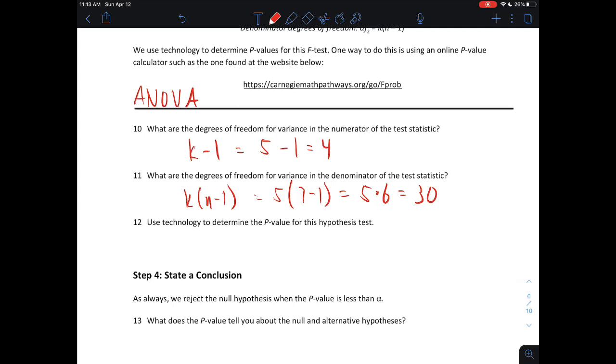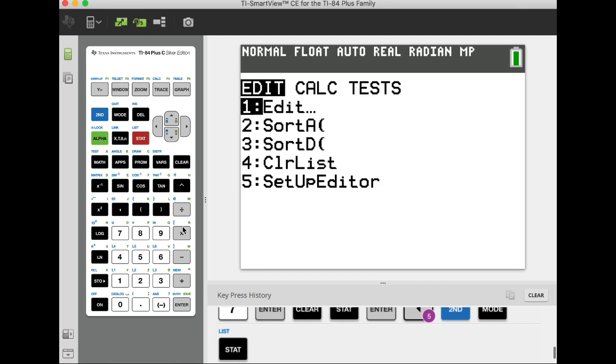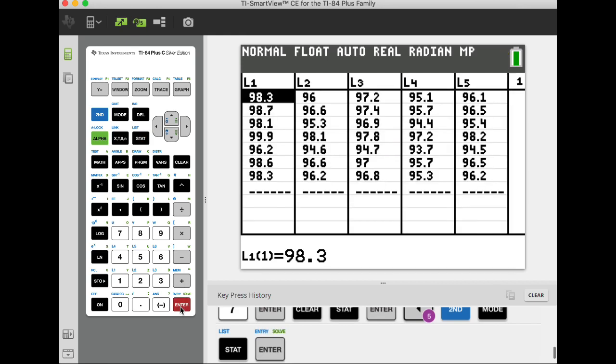So I'm going to turn over to our calculator, and we can see how to use this. I'm going to start by going to the Stat button and Edit. And I want to put all of our data into these lists. So I have 5 lists here, L1, L2, L3, L4, L5. And those go along with the lists that we had for our treatments.